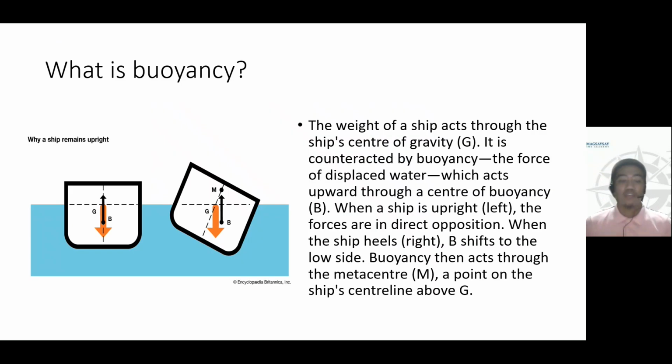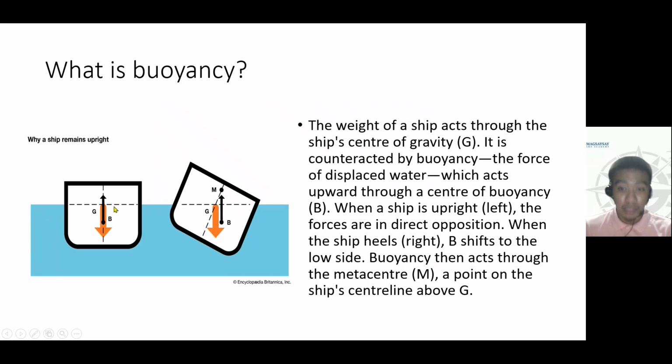So next, what is buoyancy? The weight of the ship acts through the ship's center of gravity. It is counteracted by buoyancy, the force of displaced water, which acts upward through the center of buoyancy. When a ship is upright, in the left picture, the forces are in direct opposition.